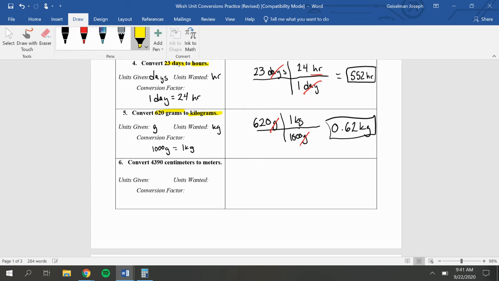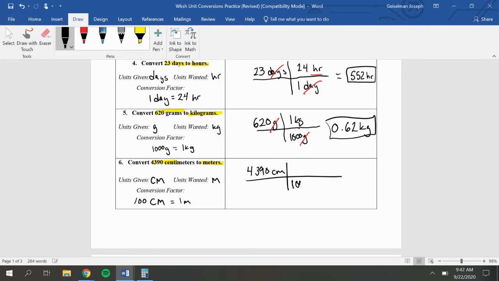Next, we go to 4,390 centimeters to meters. It's another nice and easy one because we're given centimeters and we want meters, and we know that there are 100 centimeters in each 1 meter. So we start with our starting unit of 4,390 centimeters.